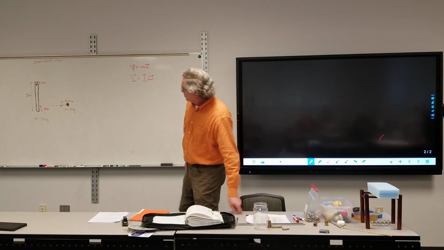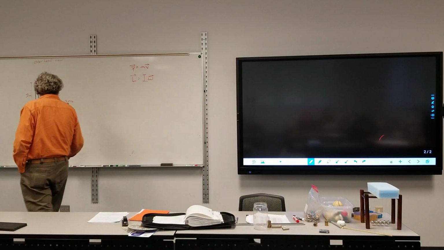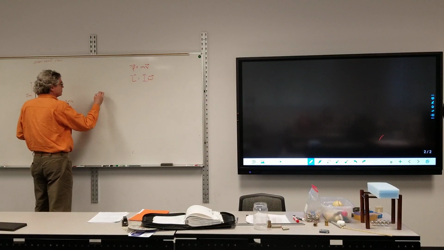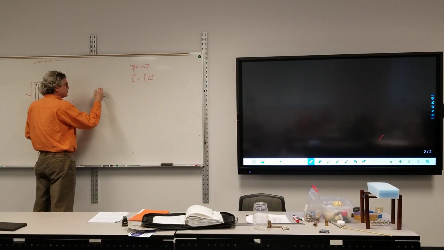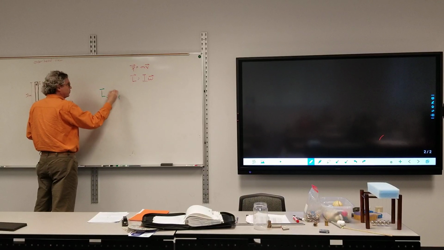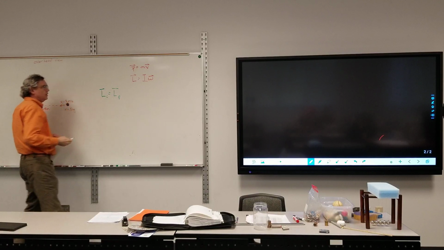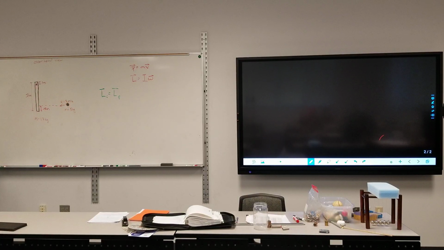All right, so I know that my total angular momentum, L initial, is equal to my total final angular momentum. Just like with regular momentum, the total momentum is just the sum of the parts.